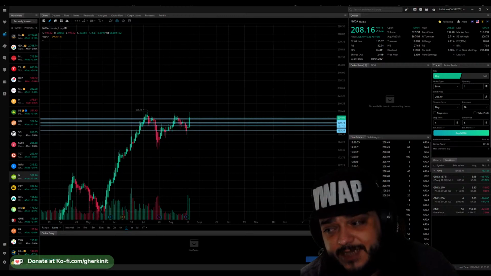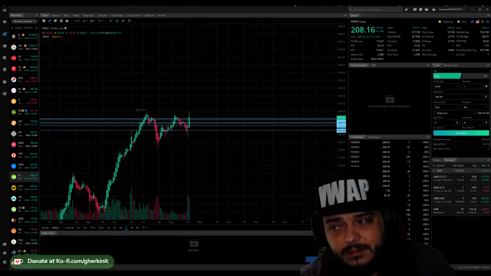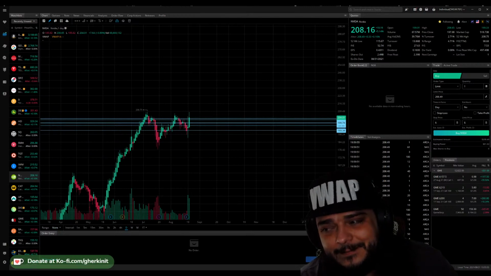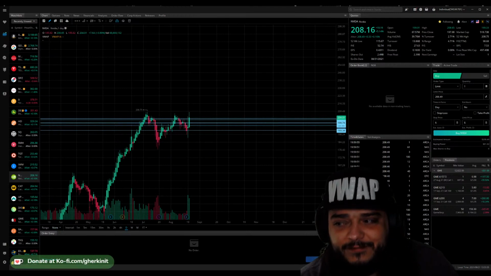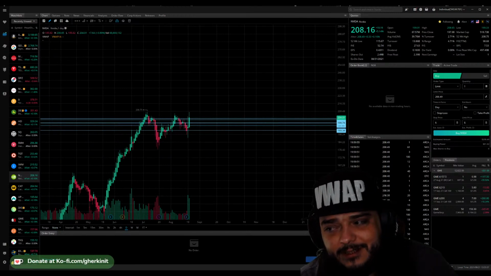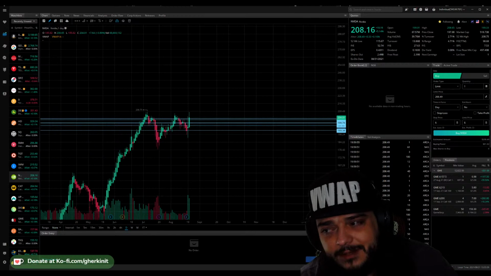So if the order book's dead, you can probably put in an order at whatever price and hope the algo buys it or something. That might be an interesting way to offload a share to try to hit the peak. But other than that, the order book will give you a good idea of where to place your limits and stuff. Remember, it's not going to be accurate.